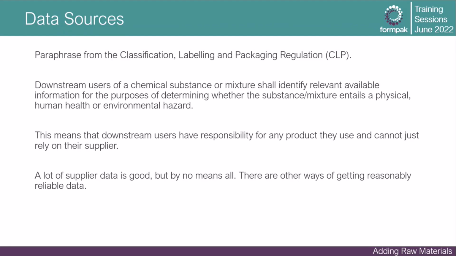And what this means is that all people in the supply chain have responsibility for their own products that they use and place on the market, and they cannot just blindly rely on the data from their supplier. Although supplier data can be a good source, it's not a defense to just say the reason I classified it is because that's what they said. So it's good practice to look at all available data sources.